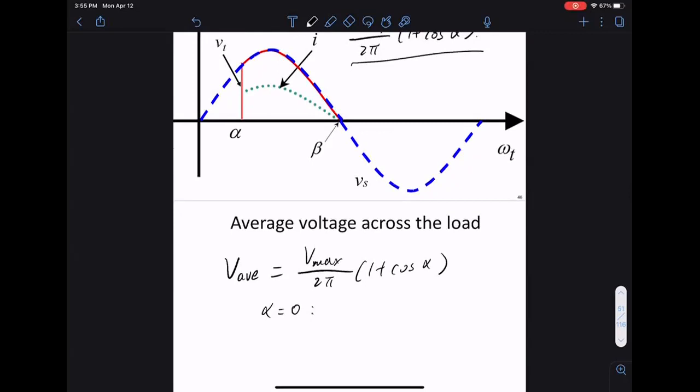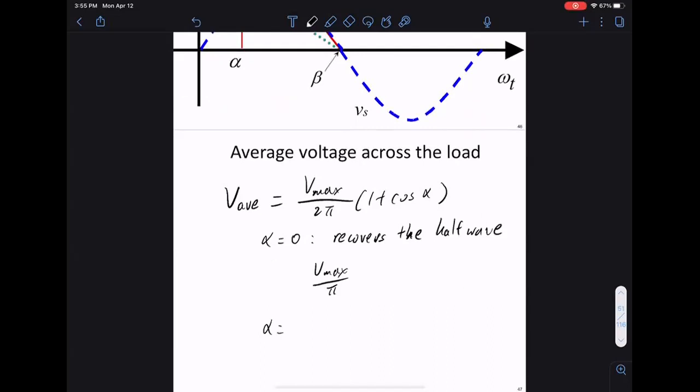You get V max over pi. So this recovers the half wave rectifier, V max over pi. This makes sense. Now let's set alpha equal to, sorry, not 1/2, pi over 2.